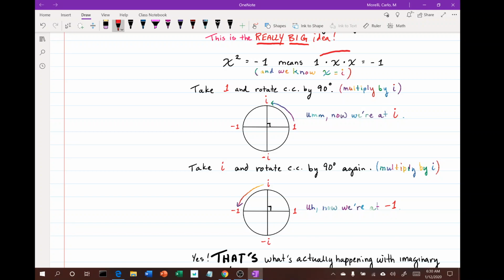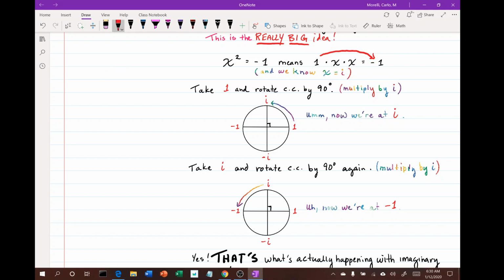Again, we're traveling from 1 to -1. What is happening in between? Well, in this case, we know that x equals i. Remember, the square root of -1 equals i, right? So that's how we know that x equals i. So now forget about x from now on. We're just going to be talking about i.